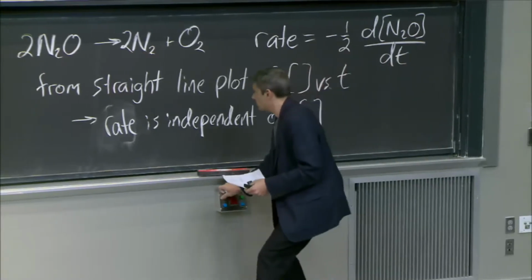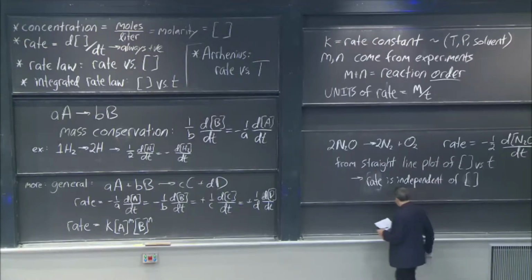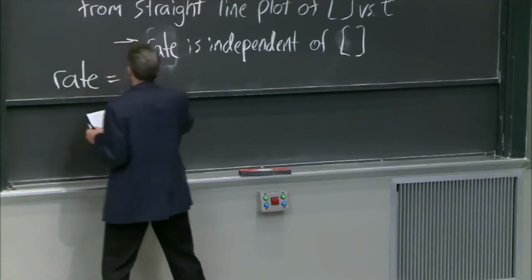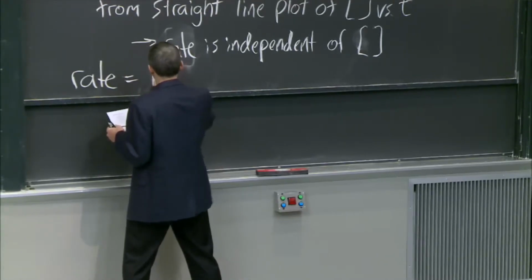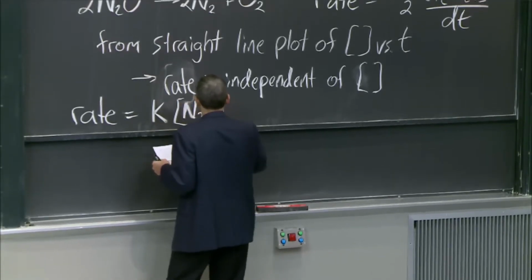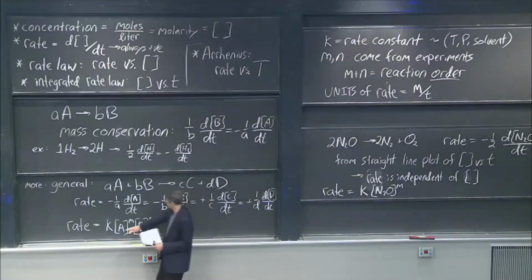Well, that means something in terms of our rate law. Because now I know from my rate law that the rate is equal to K, the rate constant, times N2O to the M. That's from here: you take all the reactants and you put exponents on them.